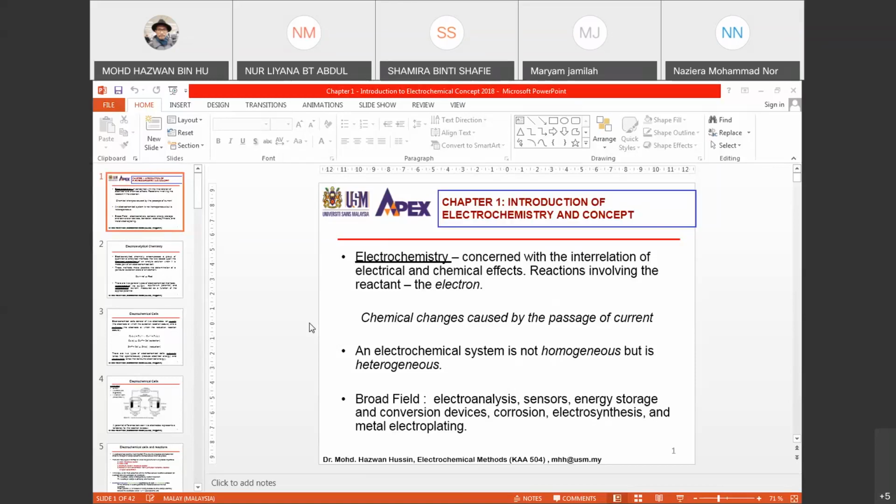The broad applications of electrochemistry can be seen in electrochemical analysis, electrophoresis, maybe for those who are taking separation methods, you will learn about capillary electrophoresis, and sensors, because sensors also use electrodes. You also have energy storage and conversion devices, corrosion, electrosynthesis, and also metal electroplating, right?